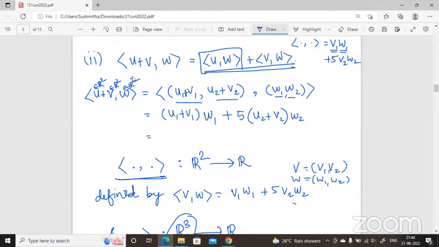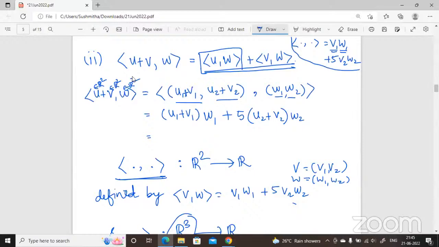And W is also in R2, so you can talk about the inner product of U plus V, which is a vector in R2, with another vector in R2, which is W. For this to be an inner product, I want this to be equal to inner product U with W plus inner product V with W. Again, U is in R2, W is in R2, so I can talk about the inner product of these two. V is in R2, W is in R2, I can talk about this inner product, right? Whenever you have an inner product, you have to use this definition.